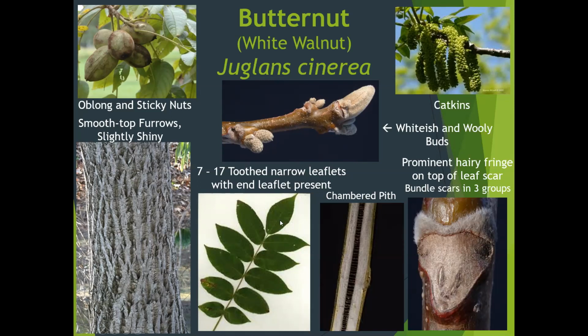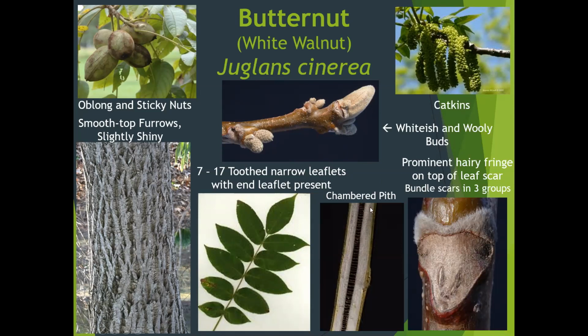It's got very similar looking buds. It still has the kind of woolly-ish looking buds, but the twigs are less hairy; they don't have any hair on there. It still has the chambered pith, but like I said, it's much darker than the black walnut, which is ironic because the black walnut has black wood and the white walnut has white wood.